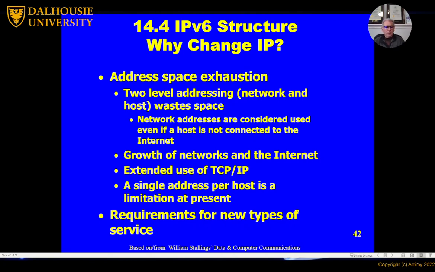That's a lot of addresses going to an institution that may not use all of this space. So there is a lot of wasted addresses there, and we ended up with address space exhaustion.